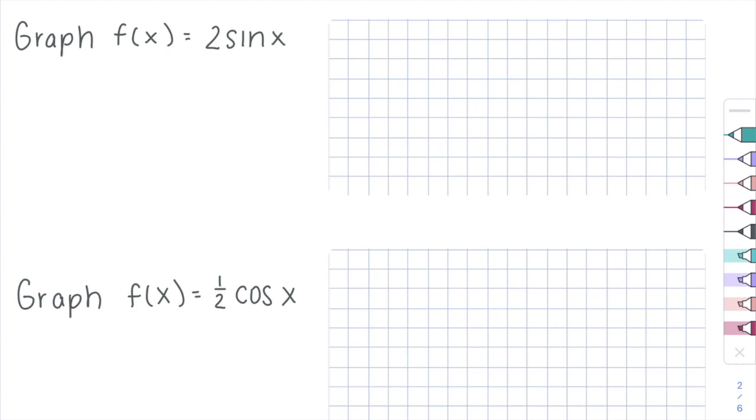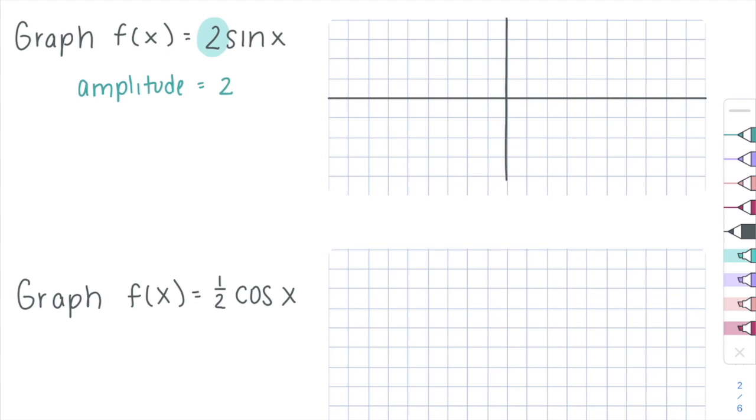So if we look at this first one, the graph of f of x equals 2 sine of x, we see that we have an amplitude of 2 here. And what's going to happen when we graph this? We're going to take our parent function of sine, and it's going to get taller by a factor of 2.